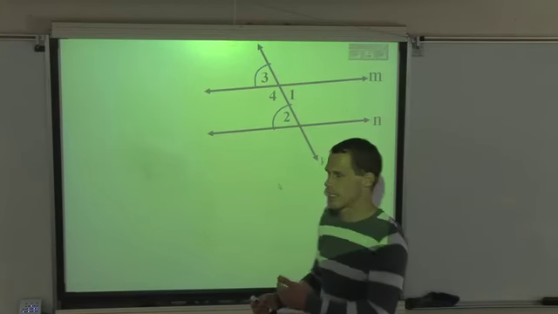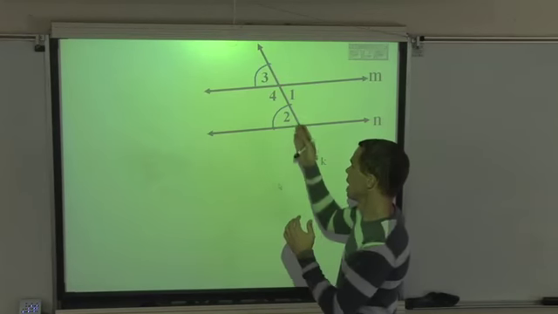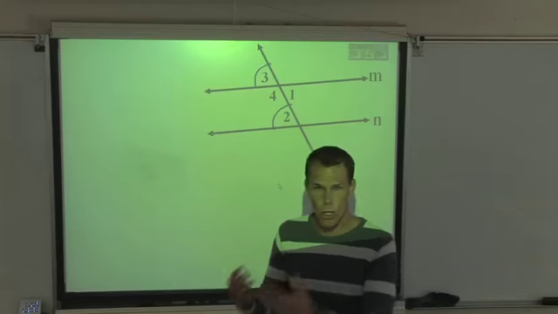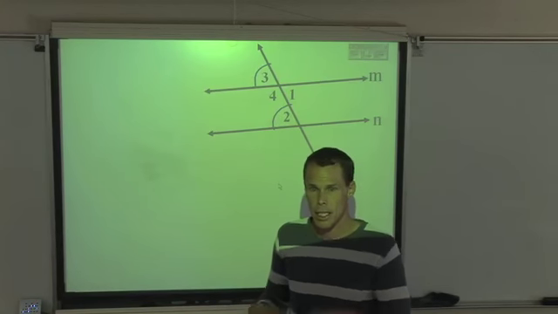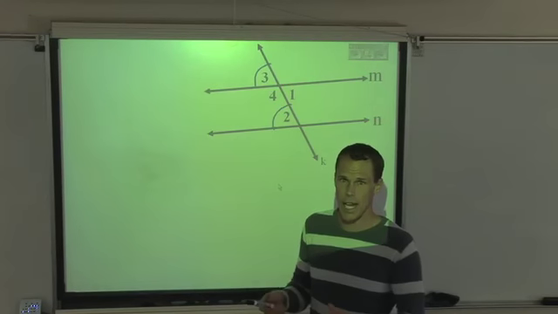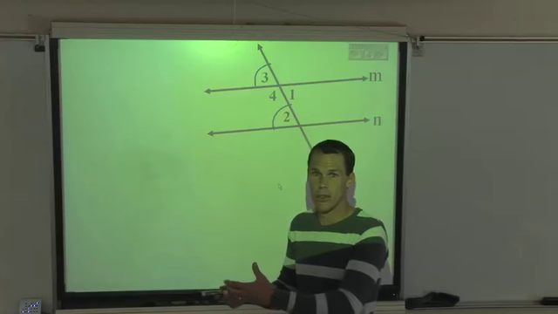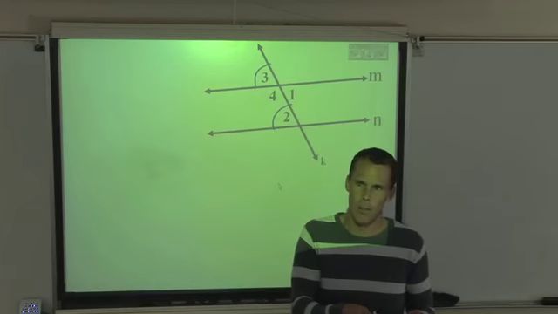So in our previous lesson, if we started with parallel lines, angles 2 and 3 were congruent by the corresponding angles postulate. Now we're making the claim that if angles 2 and 3, corresponding angles, are actually congruent, then we can make the conclusion that the lines are parallel.